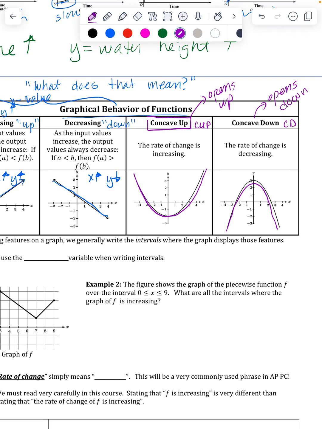Now, here's the tricky part. This is not referring to the value, because it says the rate of change is increasing. So the rate of change is increasing when a function is concave up, not the value. When you look at this graph, it looks like the values are not increasing all the time, but the rate of change is.